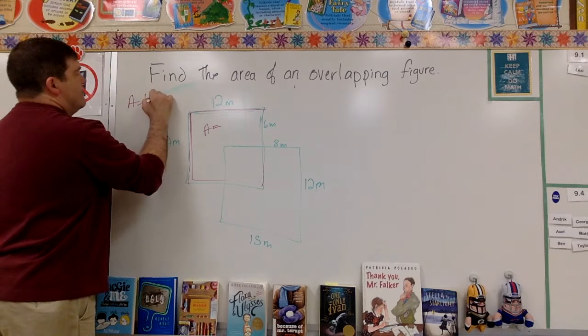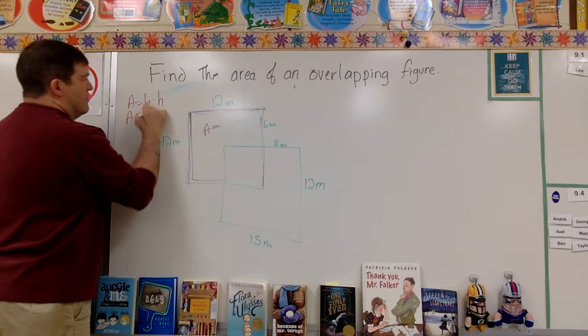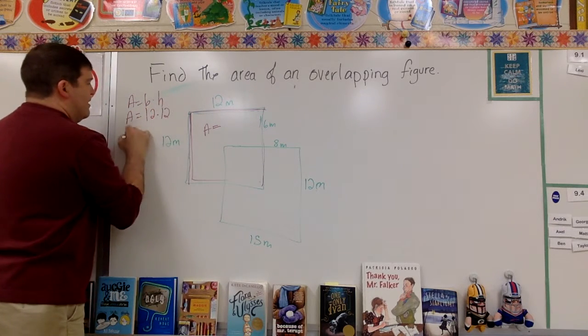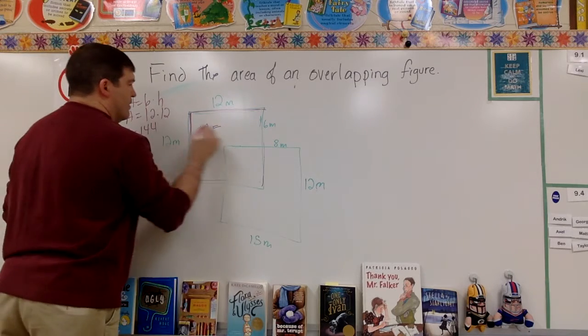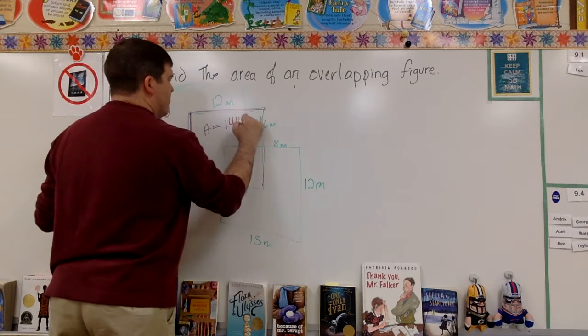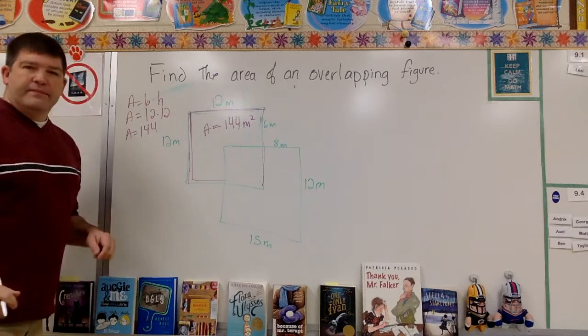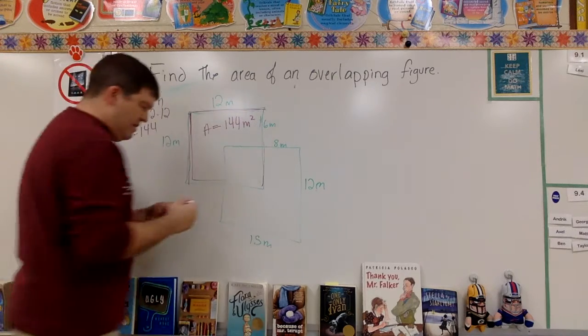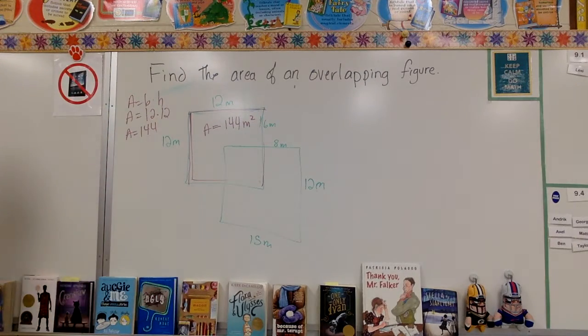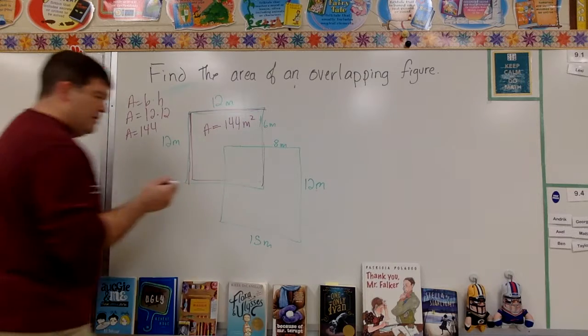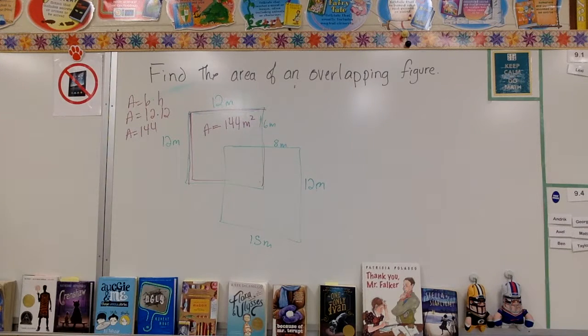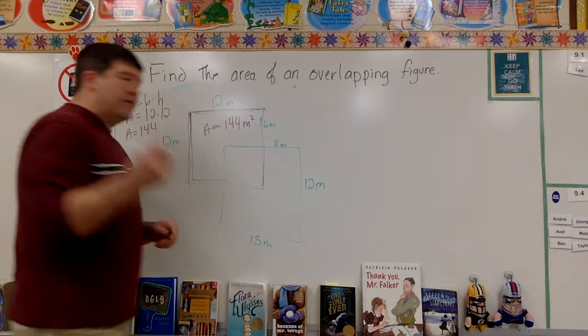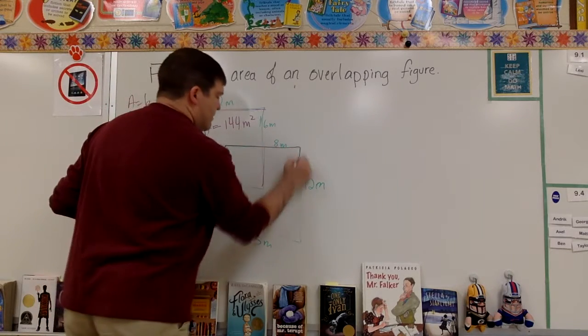Area equals base times height. Area equals 12 times 12. Area equals 144. 144 meters squared. Okay? That's this whole thing. But let's find this figure right here.